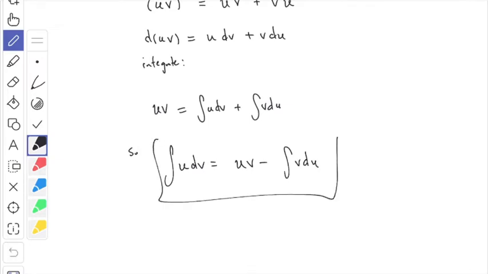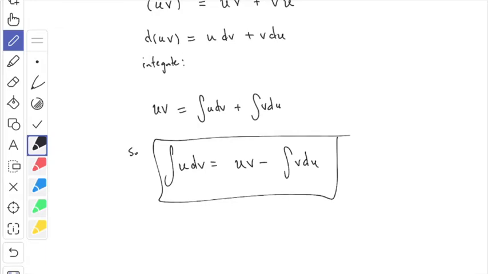This is the integration by parts formula, which you definitely need to memorize, although we're going to do it so often that hopefully you will just naturally remember it. The integral of u dv is uv minus the integral of v du. Make sure you put the integral signs in the right place.